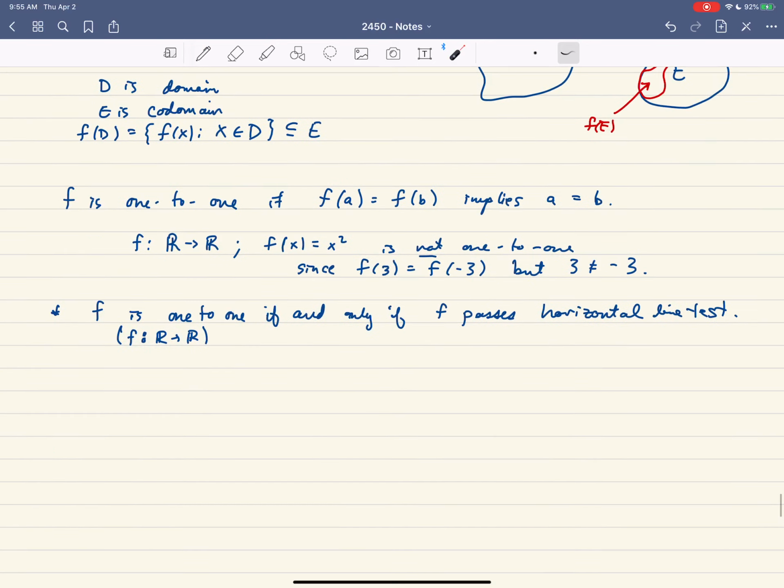But it turns out that if T is a linear transformation of two vector spaces, then this is nice. So if T is a linear transformation between two vector spaces V and W.